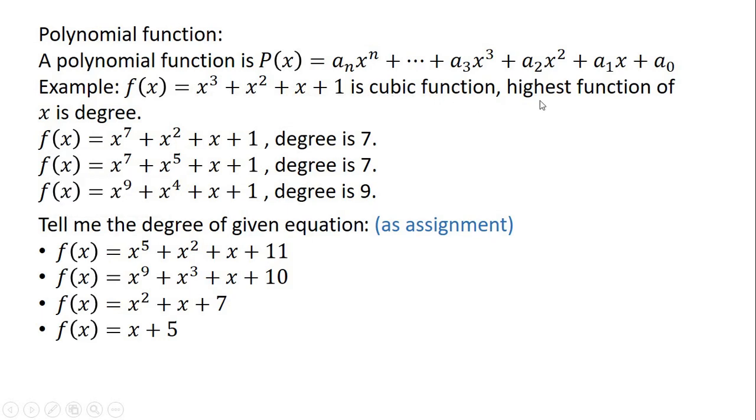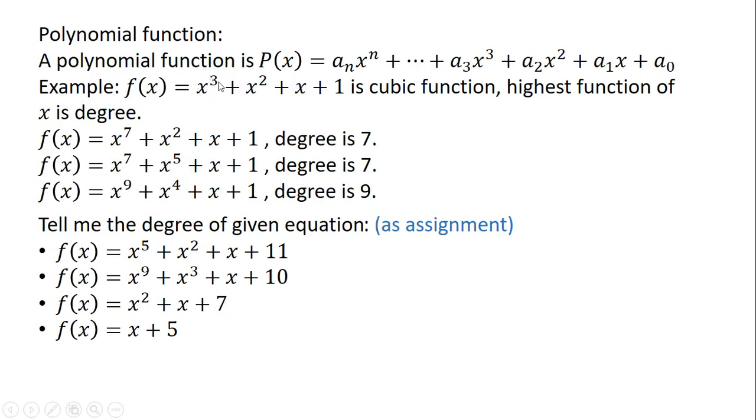The highest power of x in the function is the degree. Just like we have x cube, this is the highest power in the equation, or in the function.